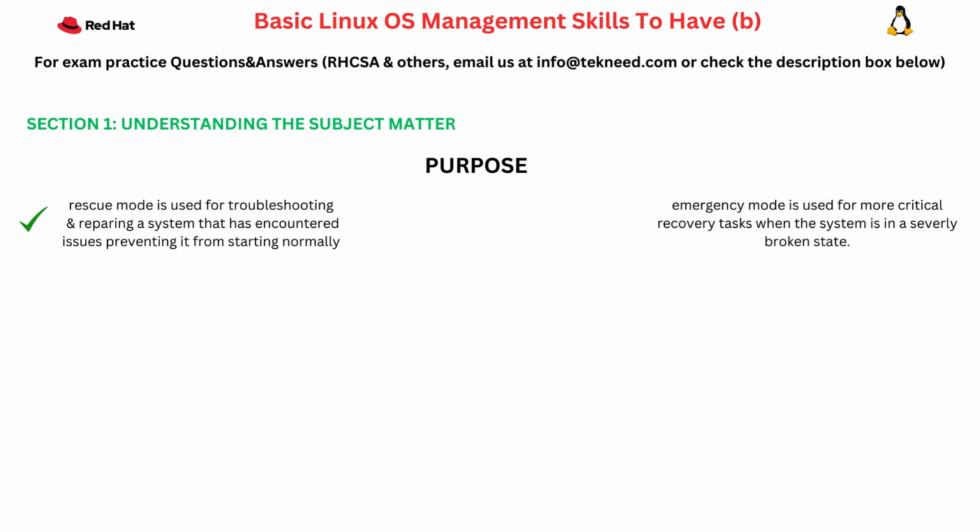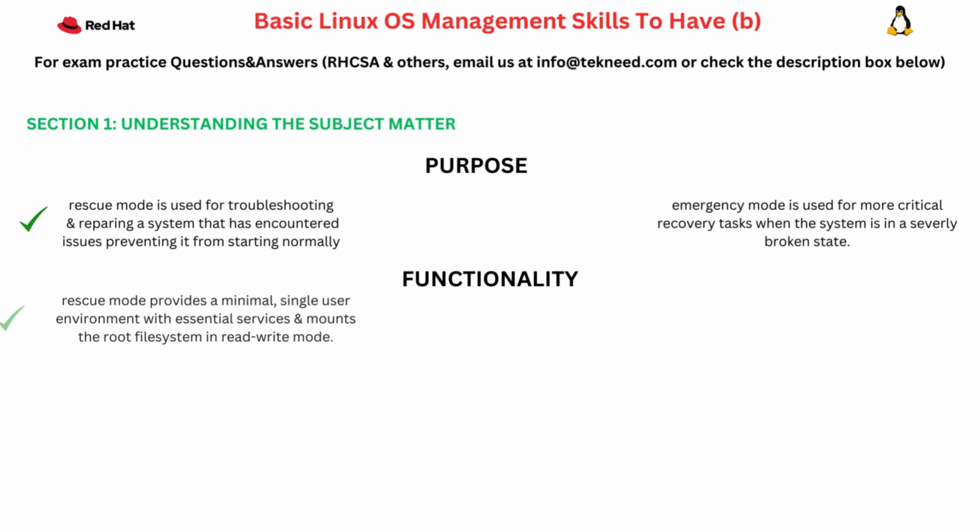So let's talk about functionality too. Rescue mode provides a minimal single user environment with essential services and mounts the root file system in read-write mode, and all local file systems would also be mounted. Networking and some other services might also be started.